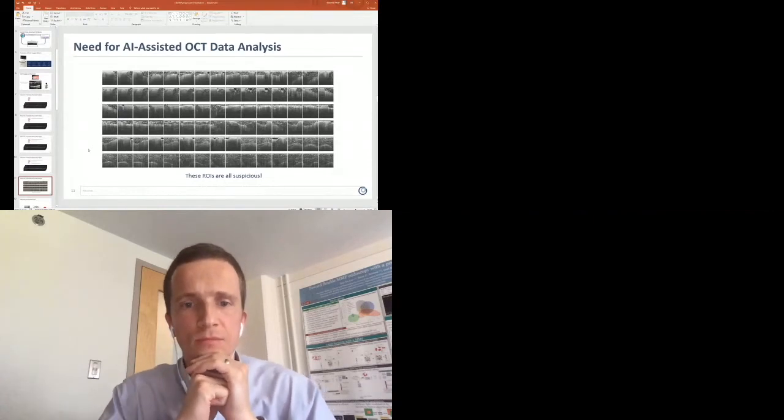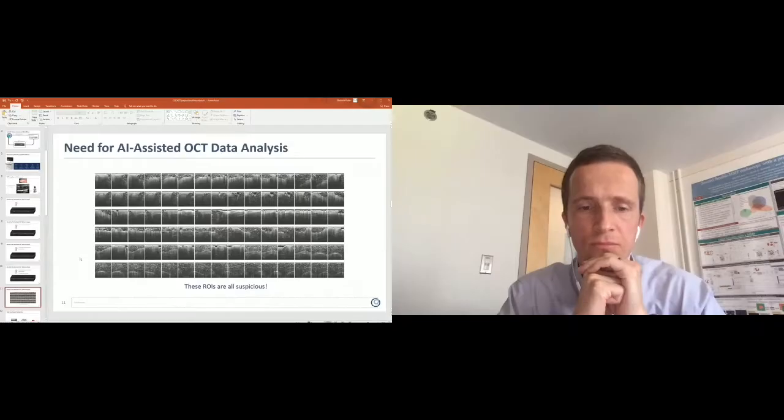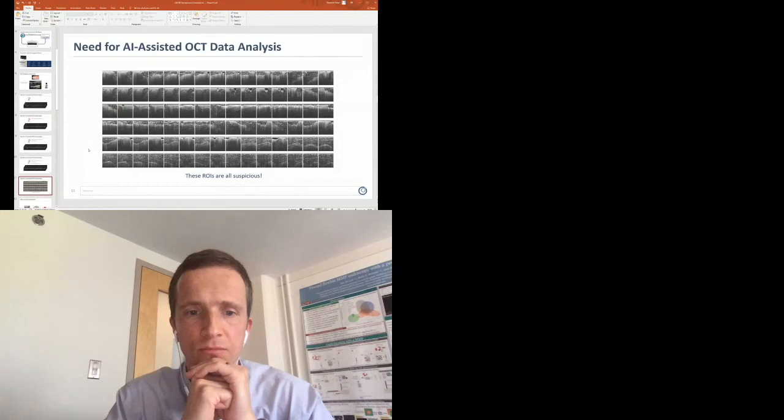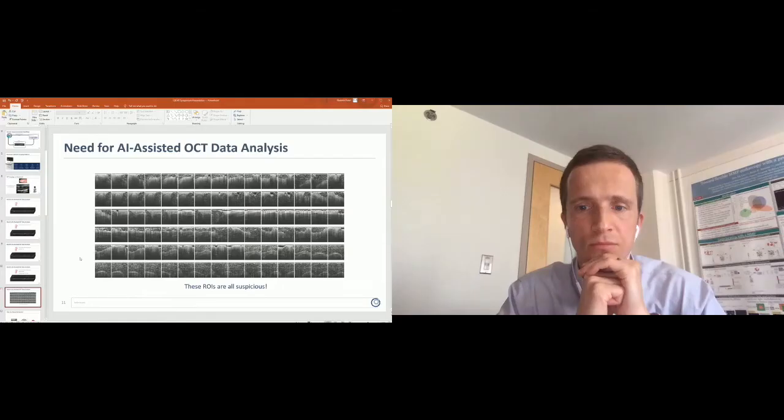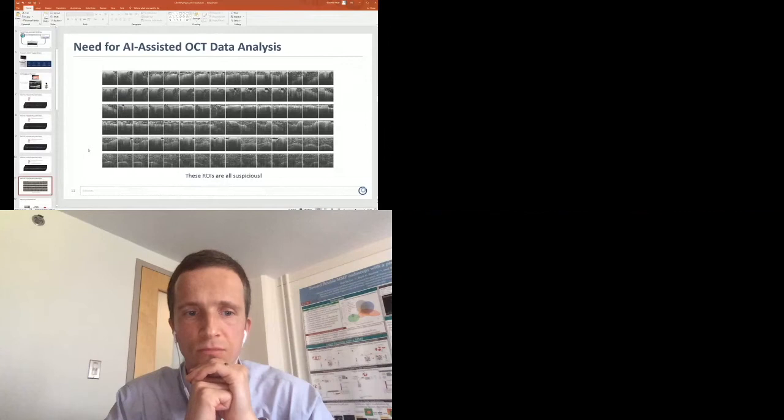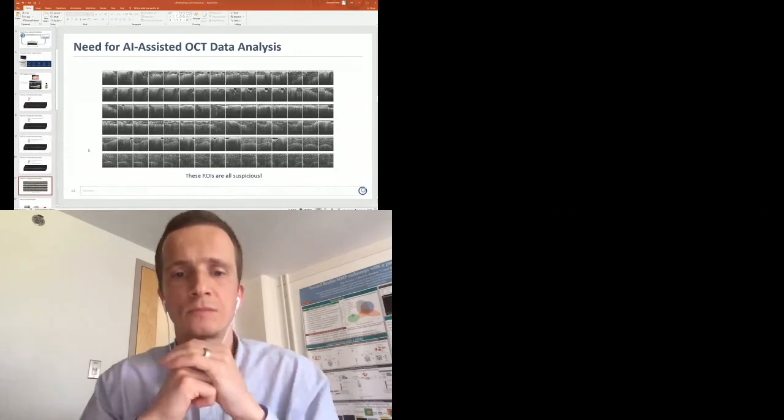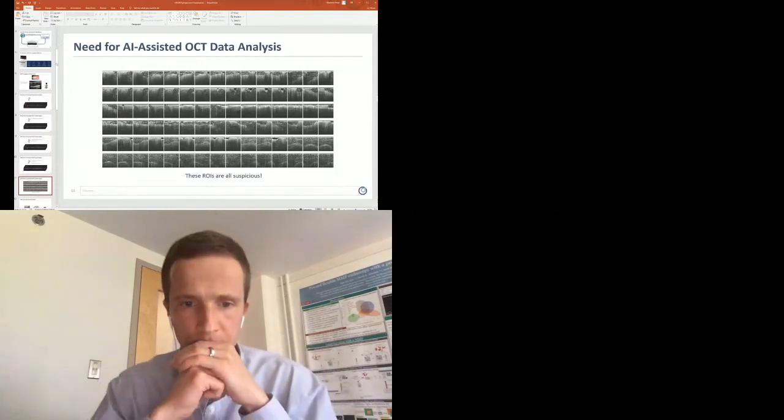Typically in computer vision, we can reliably identify structures when they possess some unique characteristic, either in appearance, like texture or shape. But here we have a huge variety of possible suspicious ROIs. That represents quite a big challenge.